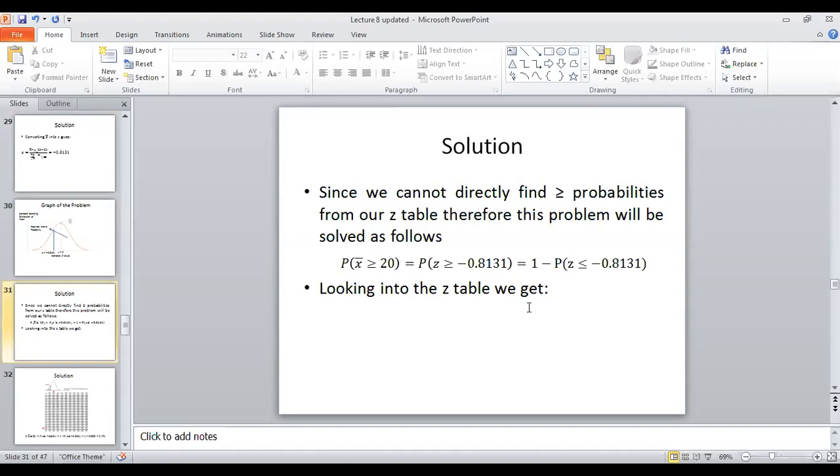Since we cannot find the greater than probabilities directly from the z table given to us, we would make a similar approach to what we have just used: the probability of x bar greater than 20 is the same as the probability of z greater than minus 0.8131, which is basically equal to 1 minus the probability of z less than minus 0.8131.